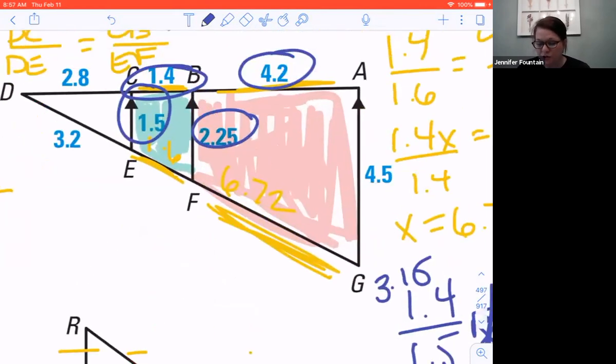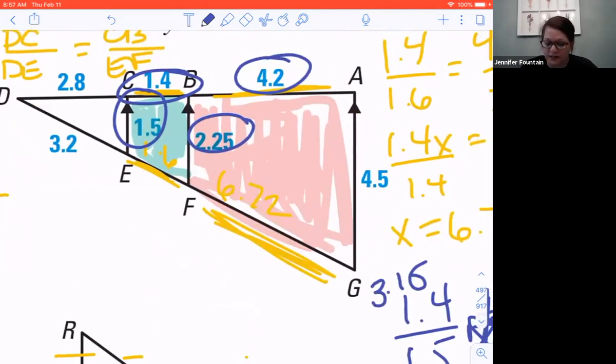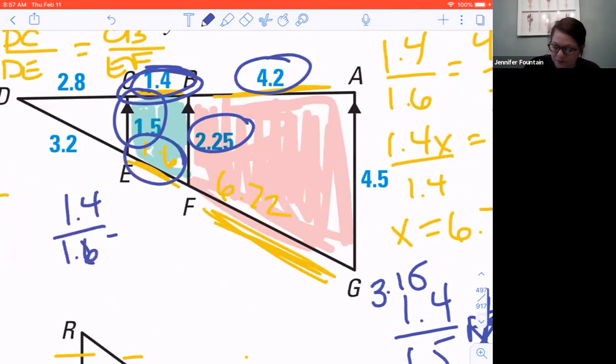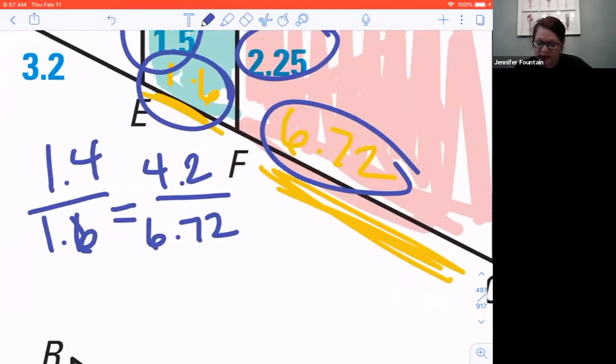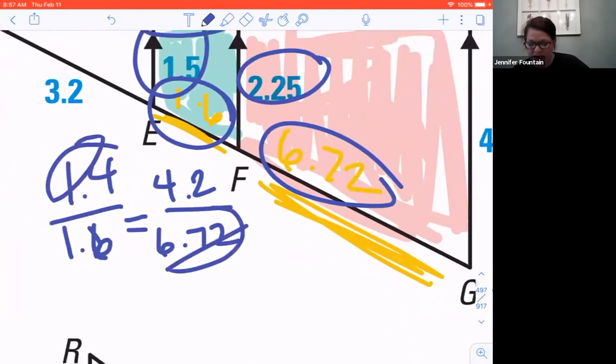Again, I could have chosen to do two different sides. So just like we did a minute ago, I could have said 1.4 over 1.6 is equal to 4.2 over 6.72. And again, I can multiply, but I can see here that when I multiply 1.4 times 6.72, that is not going to give me the same product.